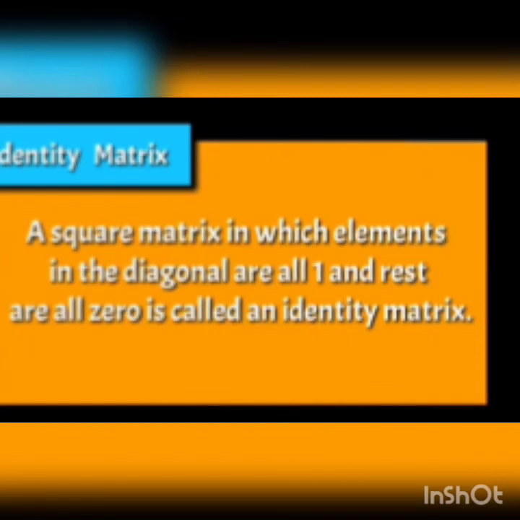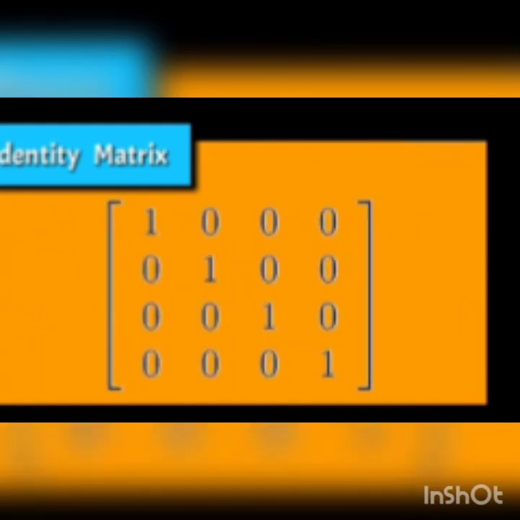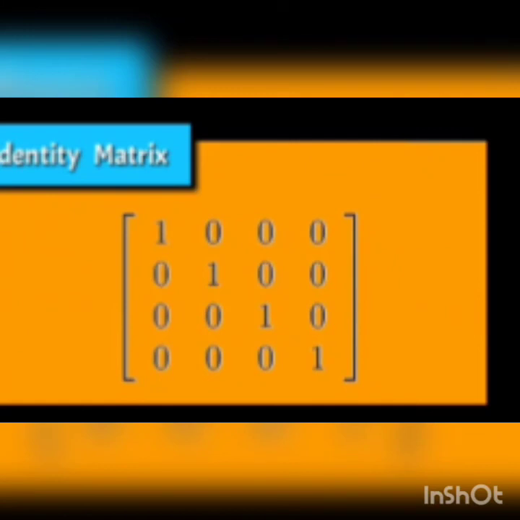Only the diagonal elements will be 1, the non-diagonal elements will be 0. For the diagonal elements, where i is equal to j, the element aij will always be equal to 1. For example, 1 0 0 0, 0 1 0 0 and so on. So this is an identity matrix of order 4 into 4. You can see it's a square matrix since the number of rows and number of columns are the same. I hope you understand this.